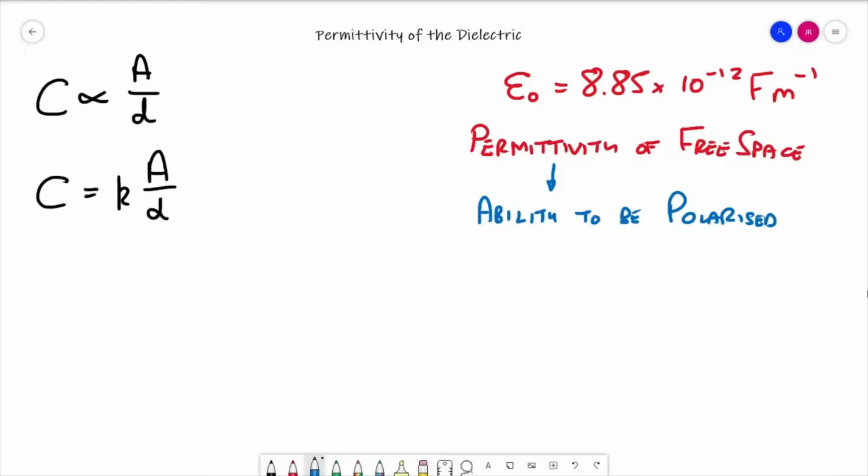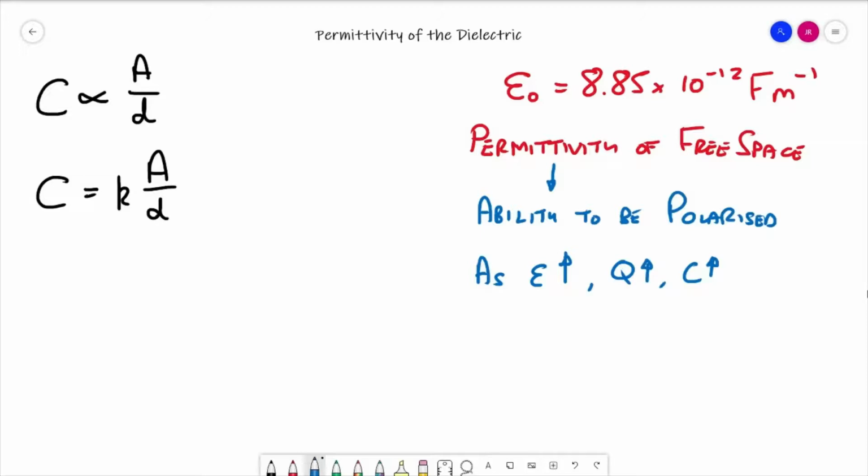Now, the better it acts as a dielectric, the more charge we are able to store on the capacitor, and therefore the higher the capacitance will become. So as permittivity increases, the charge that we can store increases, and therefore the capacitance also increases.